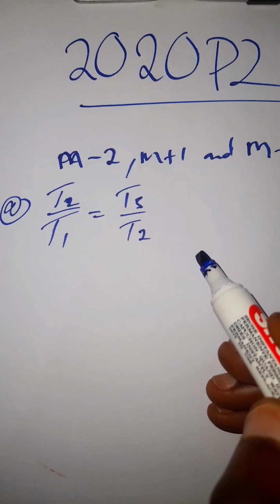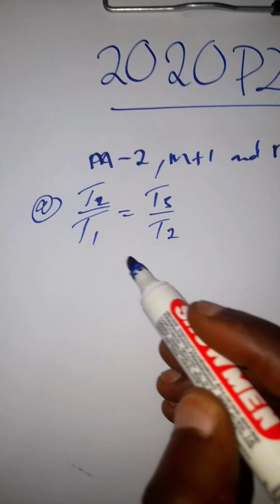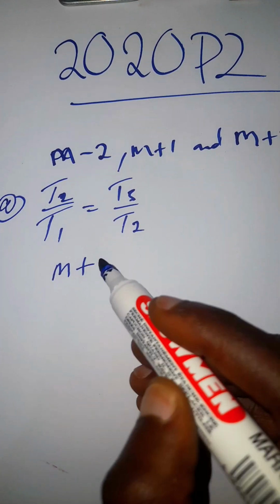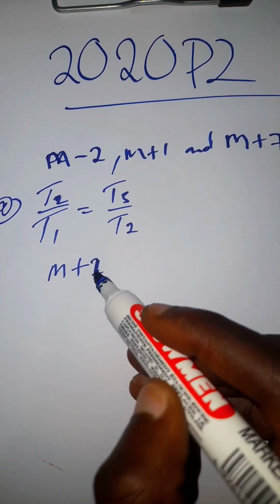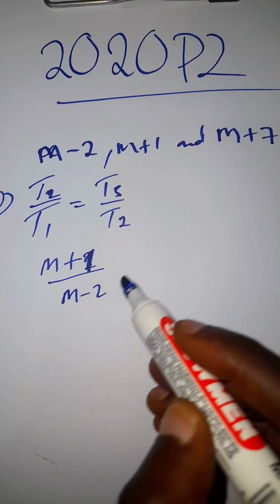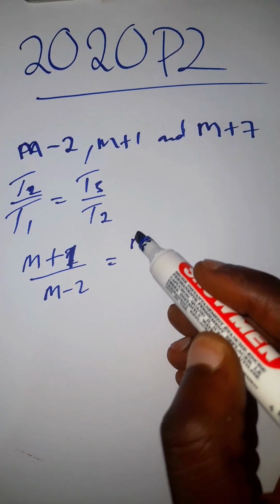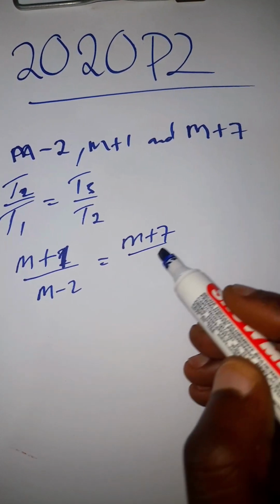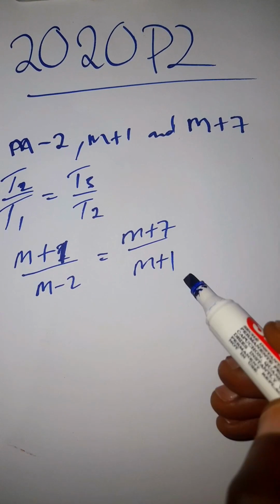Our second term is m plus 1, over the first term, m minus 2, is equal to the third term, m plus 7, over the second term, m plus 1.